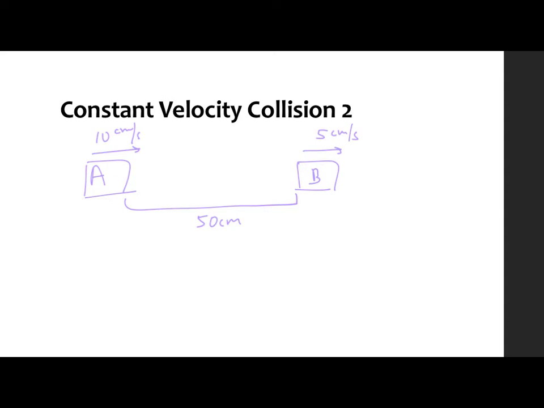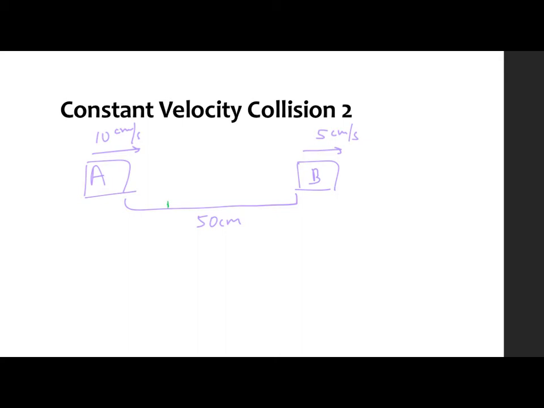This is a different scenario, but we're going to apply the same mindset here. In 1 second, car A moves forward 10 centimeters. Meanwhile, car B moves forward 5 centimeters. So car A moves forward 10 centimeters, making it 10 centimeters closer, so there's a difference of 40 now.